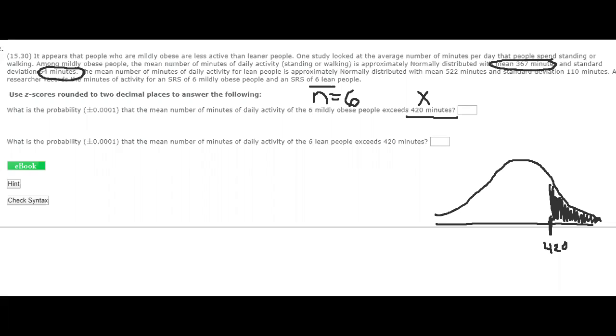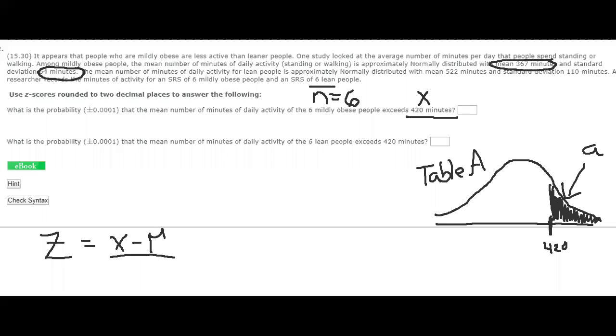If you recall, we need z-scores to find areas using table A. Z-scores were x minus the mean, divided by standard deviation.